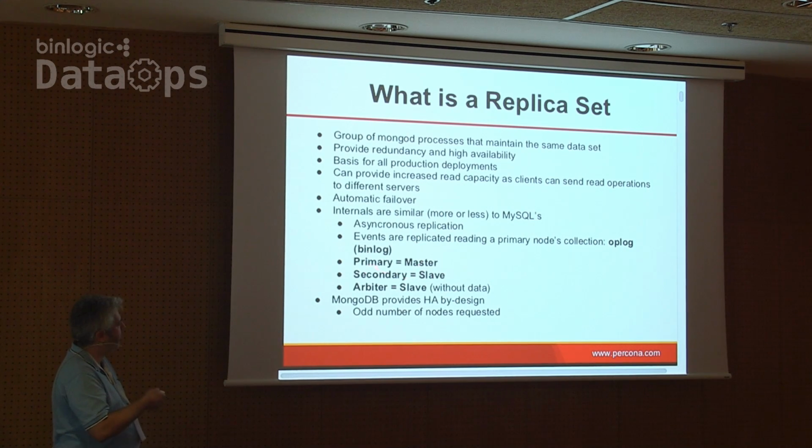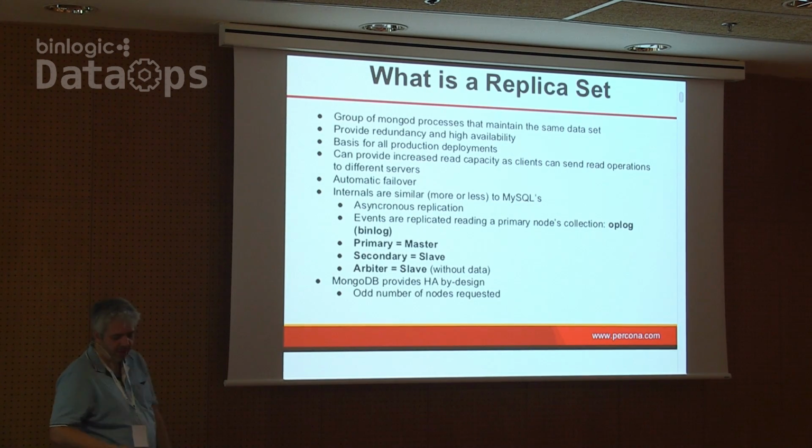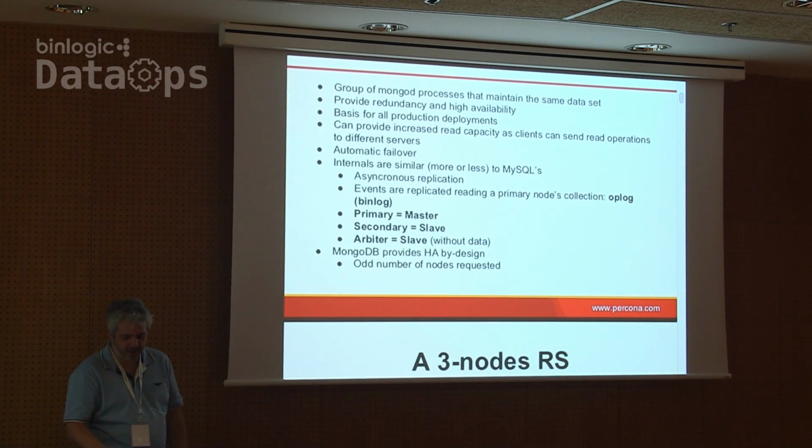We have the concept of the primary node, which is more or less the same as the master in the MySQL world. We have the concept of the secondary, which is more or less the same as the slave. And we also have other kinds of nodes that we are going to present later.